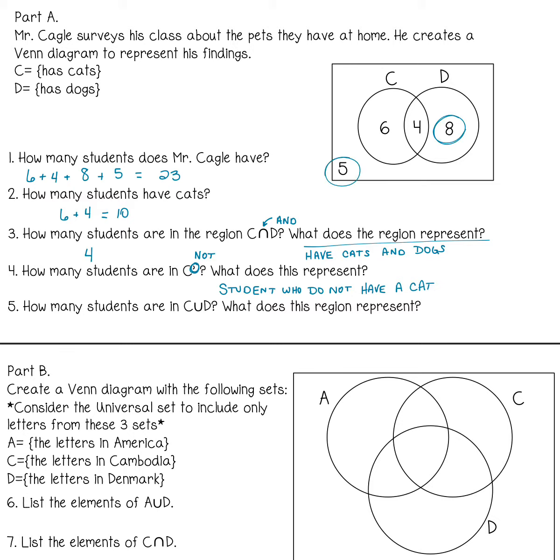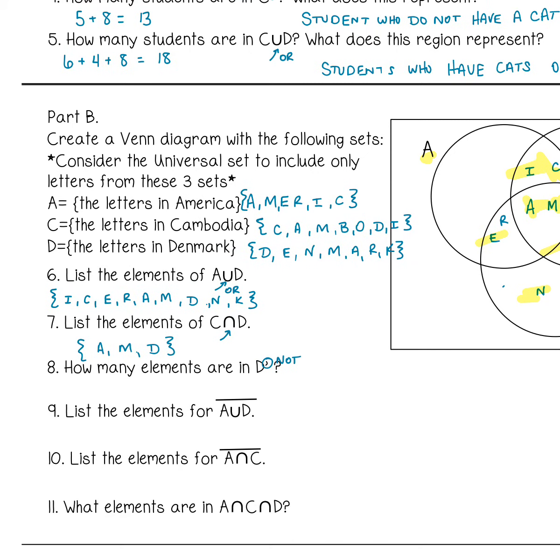How many elements are not, so apostrophe means not, in Denmark? So they cannot be included. If it's in the D circle, it cannot be in this subset.